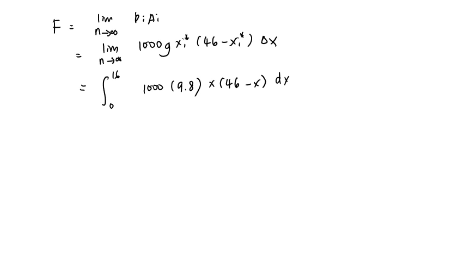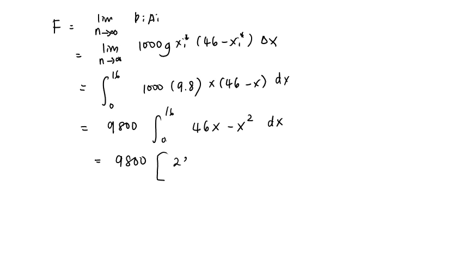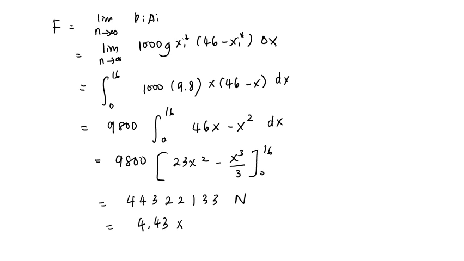So it looks familiar and you can already integrate this. So you get 9,800 times the integral from 0 to 16 of 46x minus x squared with respect to x. Then it should be straightforward from now. Put in the limits, and then you get about 44,322,133 newtons. So just put it as 4.43 times 10 to the power of 7 newtons. Yep, that's it.